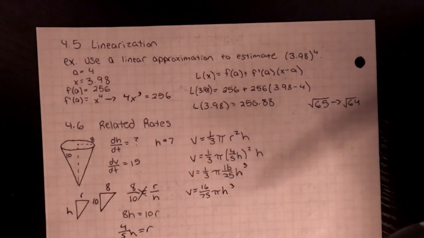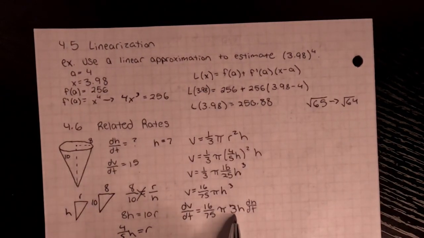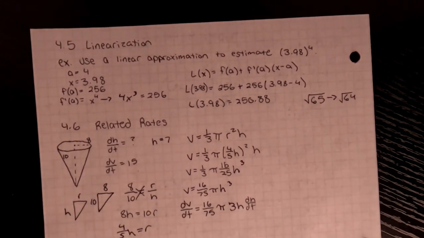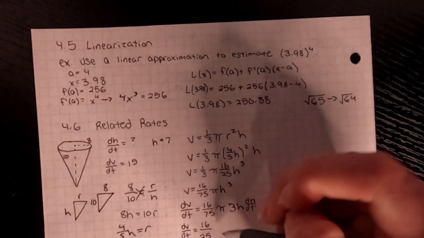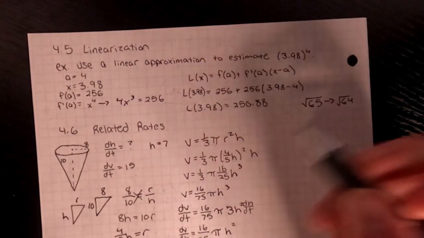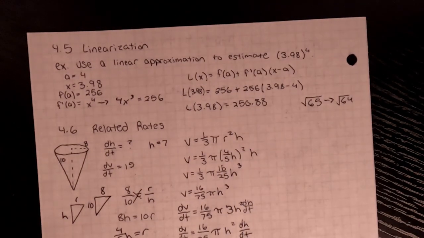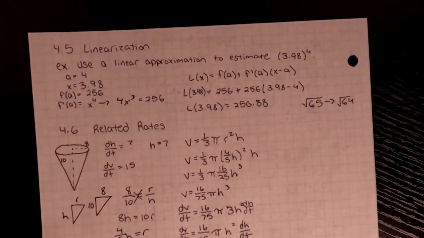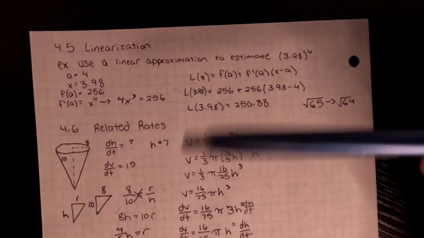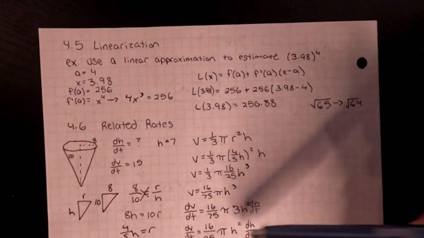So now we want to take our derivative, which looks like that. And then we can multiply 3 times this to simplify. And we get 16/25 pi h squared, I forgot squared up here, dh dt. And now we can plug in all of our numbers that we have from up here into this equation.